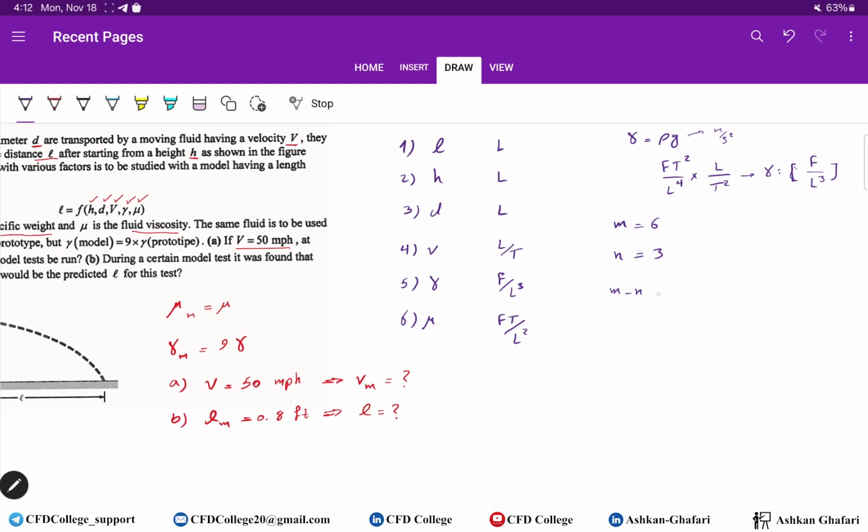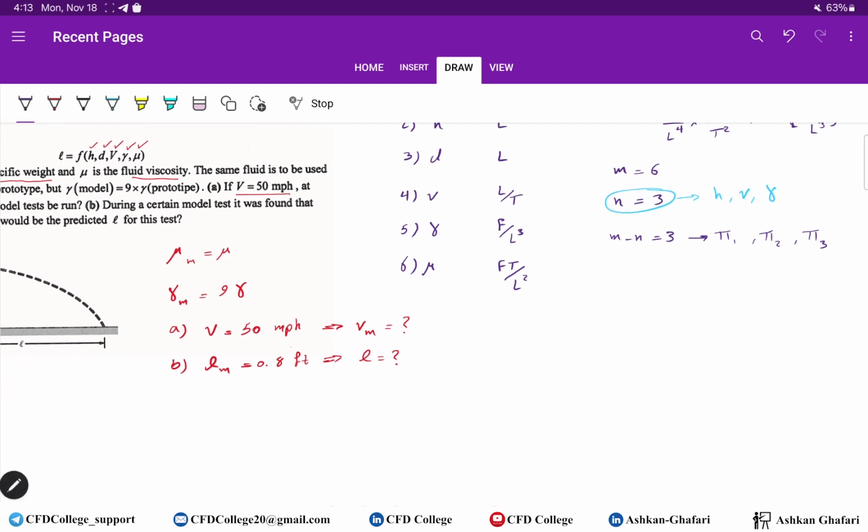So here we have 3 dimensionless groups, pi 1, pi 2, and pi 3. We have to pick 3 of these as repeating variables: H for length, V for T, and gamma for force. Yes, I think it's good.